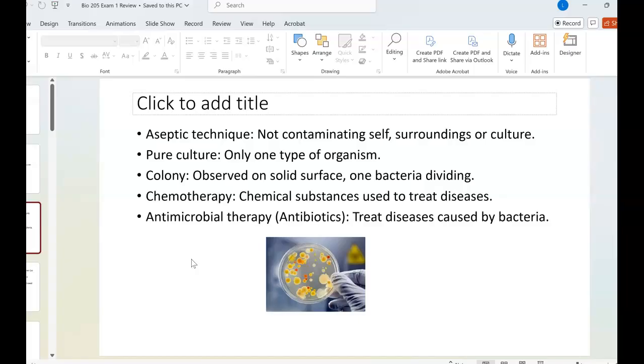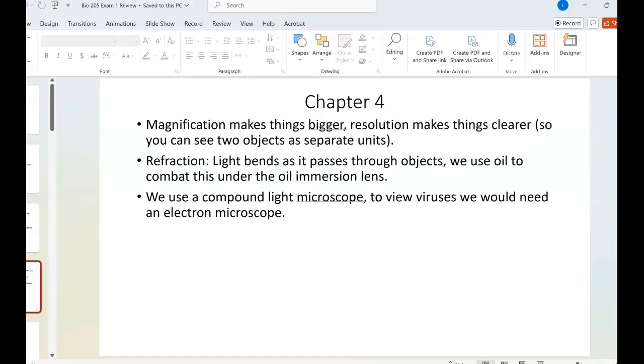So that is going to be to treat diseases caused by bacteria. So in chapter 1, there's quite a few definitions, also the scientists. So again, if you're a flashcard person, you may want to make up some flashcards or just some different ways to recognize the names and the vocabulary.